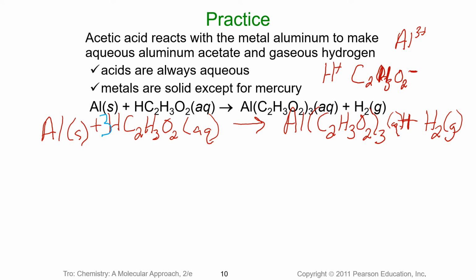Now if we go to balance our hydrogen, we're not worried about the hydrogen in the acetate. We are only looking at the hydrogen at the beginning, so the H from our acid and the H2. Because we have 3 hydrogen on the left and 2 on the right, we are going to have to put a 3 halves in front of our hydrogen. Now because we have a fraction, we're going to have to multiply the entire reaction by 2.